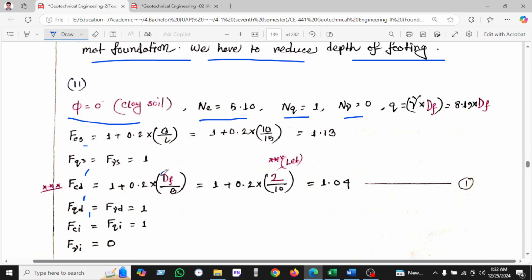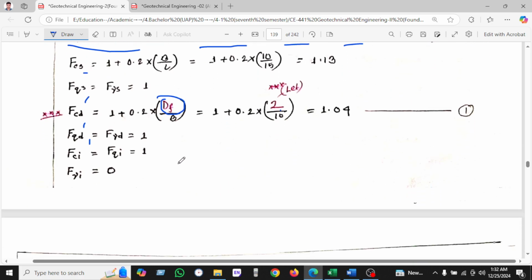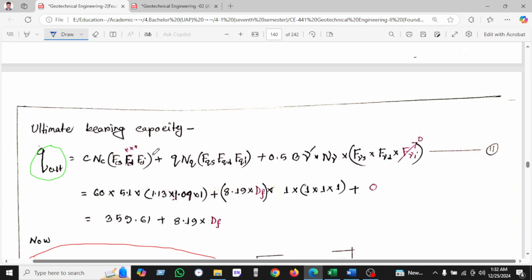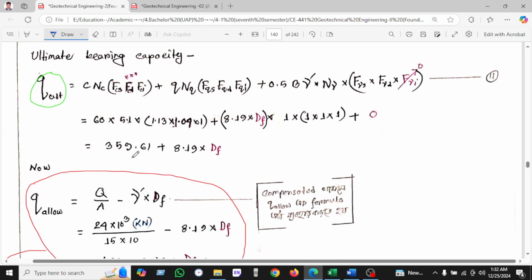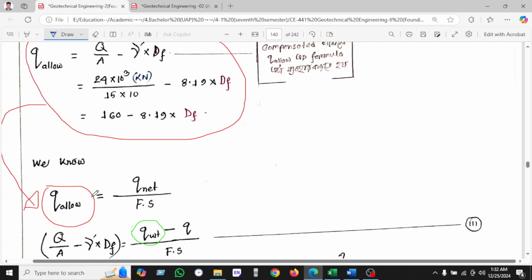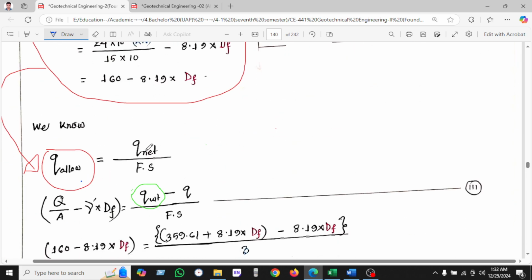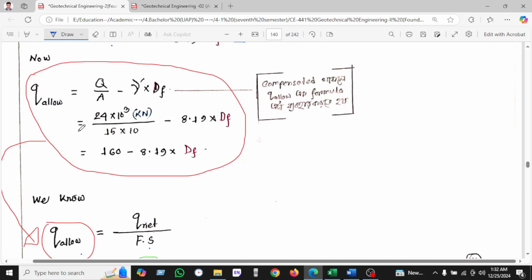At first we have assumed DF to be 2, and using the Meyerhof equation we found this equation for q ultimate. So now we'll use this equation: q allowable divided by the factor of safety. So q allowable is nothing but q divided by A minus gamma prime DF, and putting this in, we found this equation.